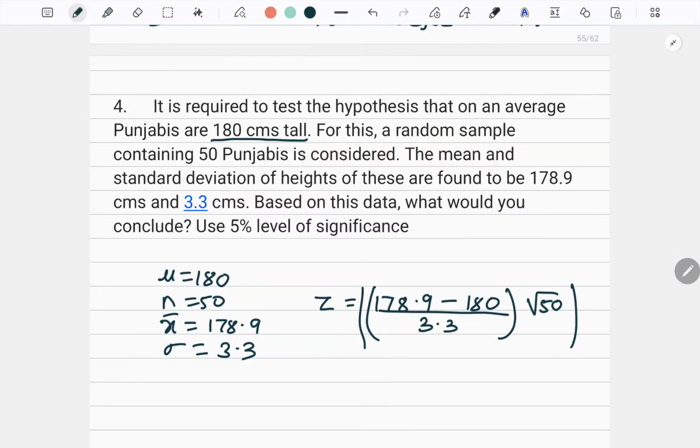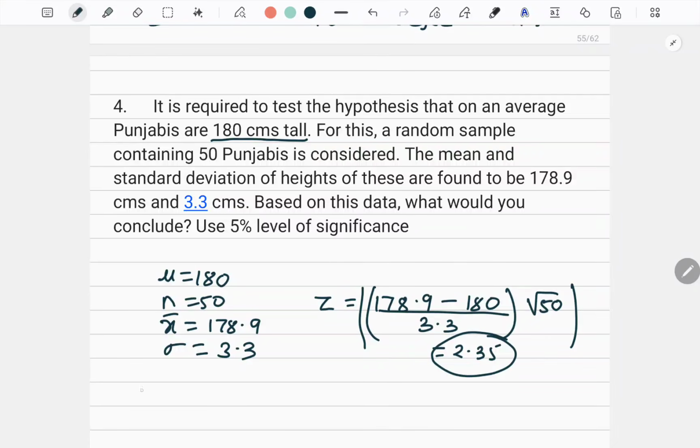So now I have 178.9 minus 180 is equal to this, then multiply root of 50, divided by 3.3. So I got 2.35. Okay, so I got 2.35.